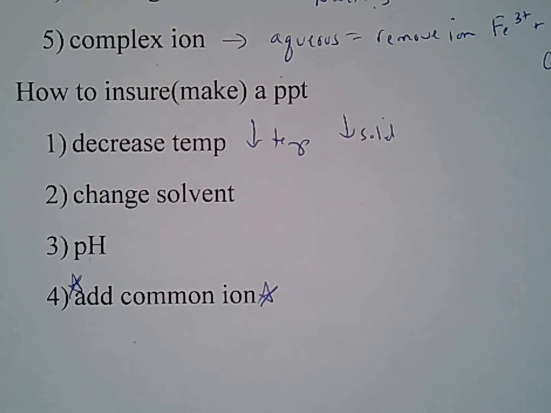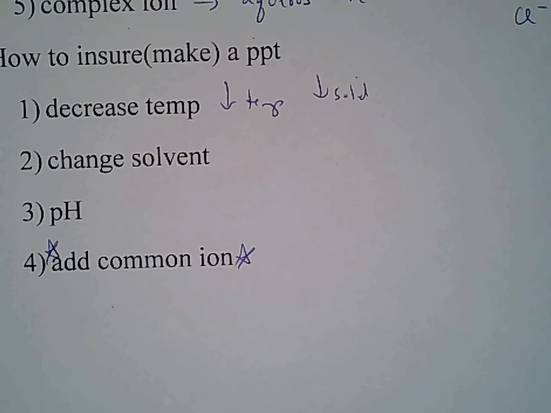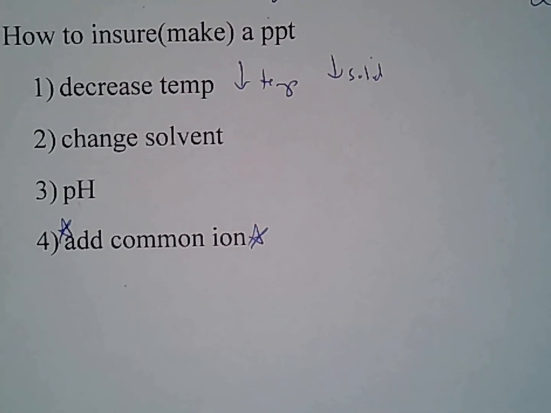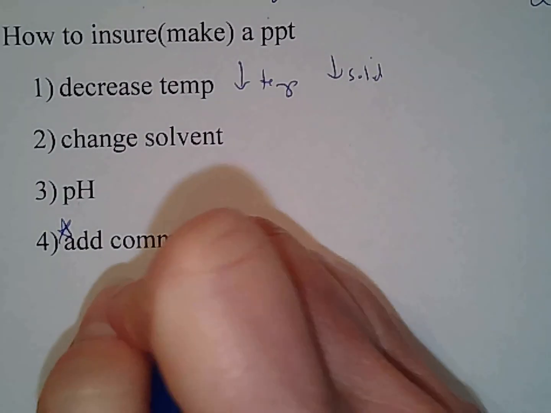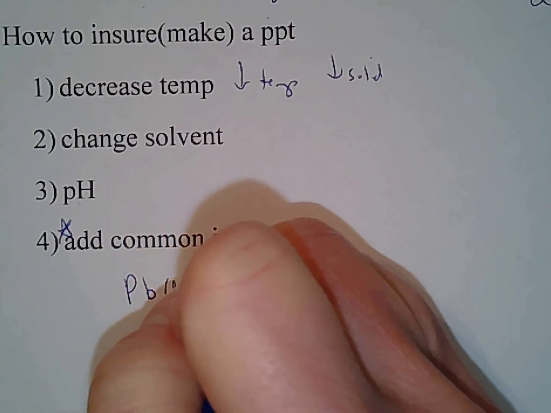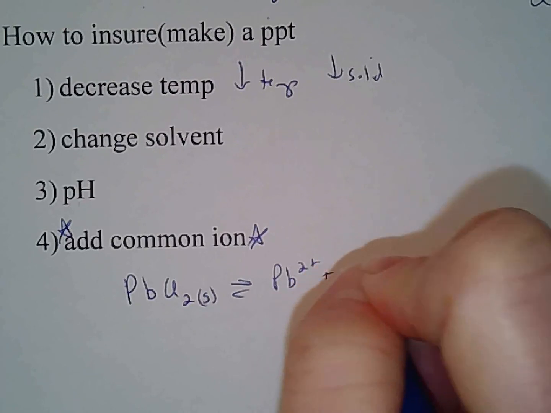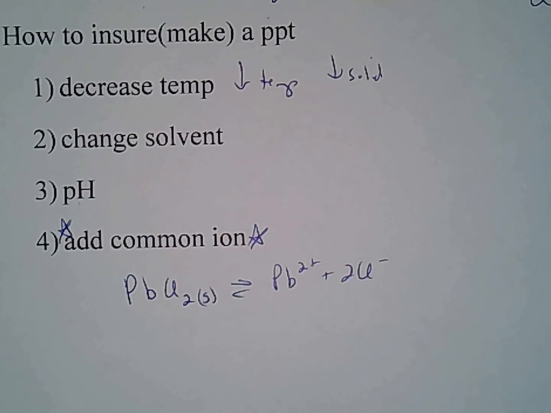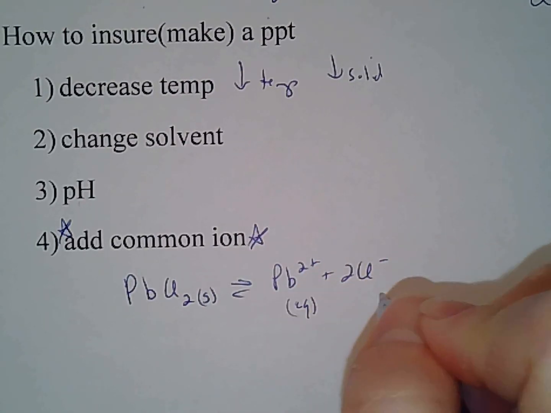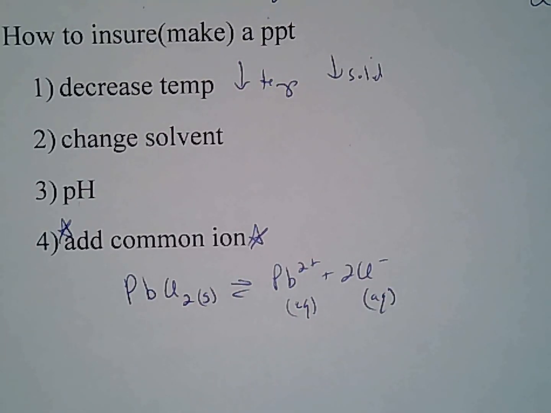Okay, so that's the one I really want to talk about because that's the one we have focused on quite a bit in this chapter. So if I take lead 2 chloride, it's at equilibrium with its lead ions and its chloride ions, aqueous, aqueous.